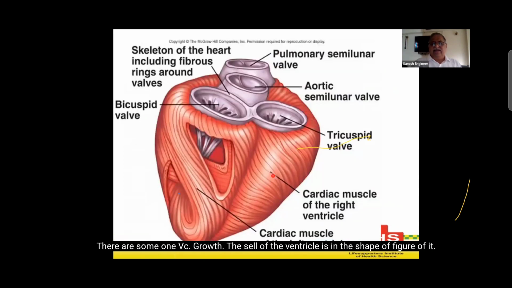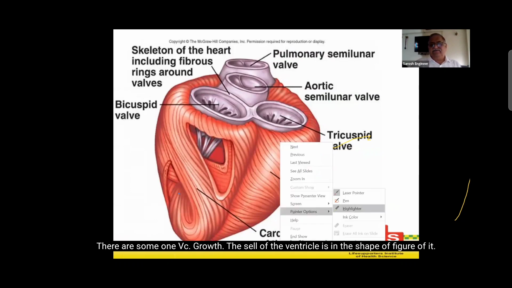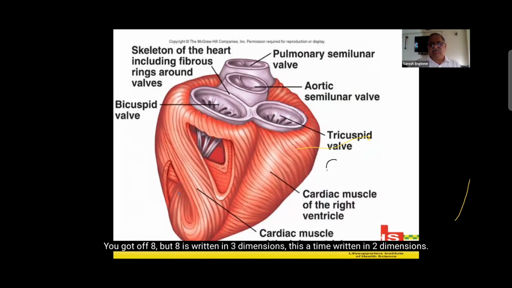For this to happen, there are some reasons. One, if we see the gross anatomy, the muscle of the ventricle is in the shape of a figure of 8.